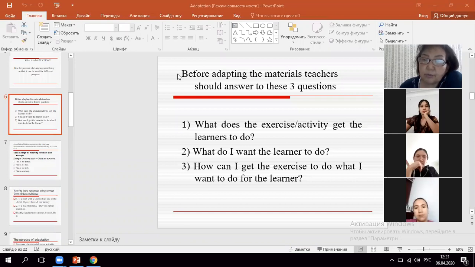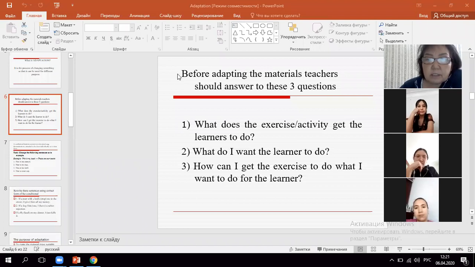So we should first of all identify the objective of the material, and by material we mean also the exercise and the activity. Second question: what do I want the learner to do? Or what is my objective? Do I want the learner to only pronounce the words or just learn the structure?